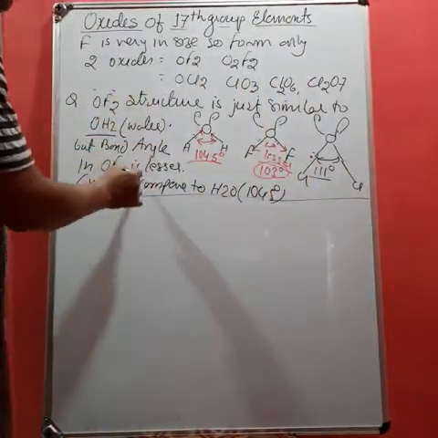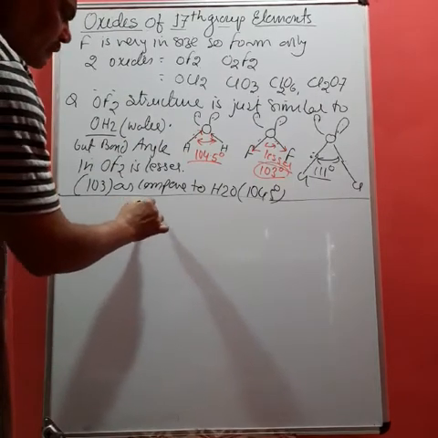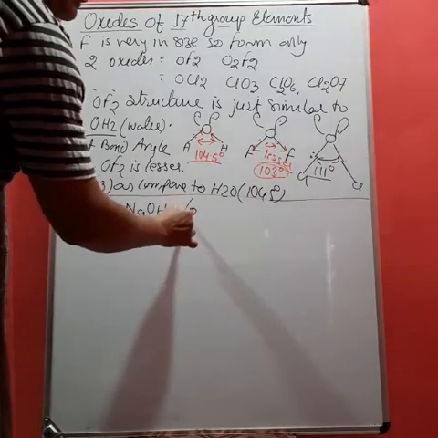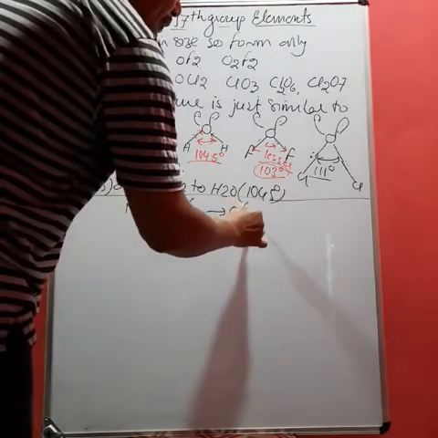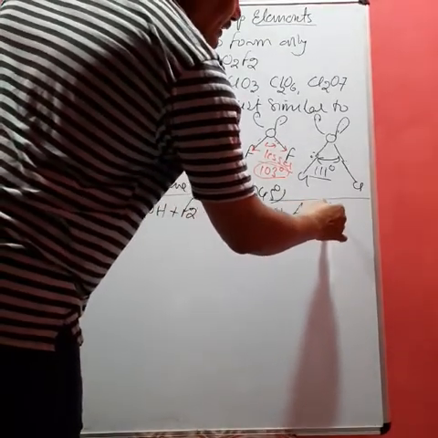Now the preparation of OF2. It is a very specific compound, so we can deal with it when sodium hydroxide and fluorine react. It forms OF2 plus NaF plus H2O.